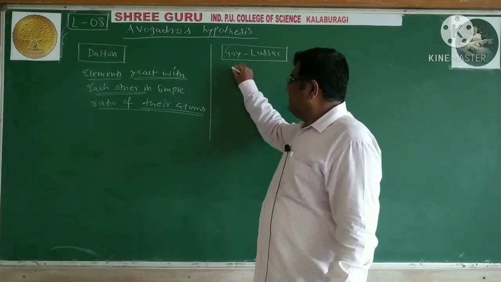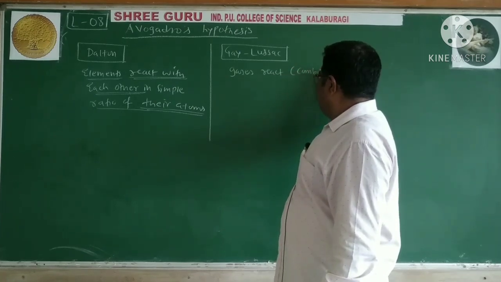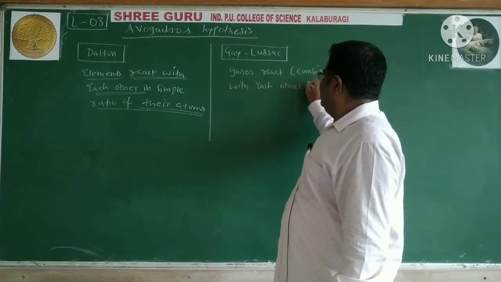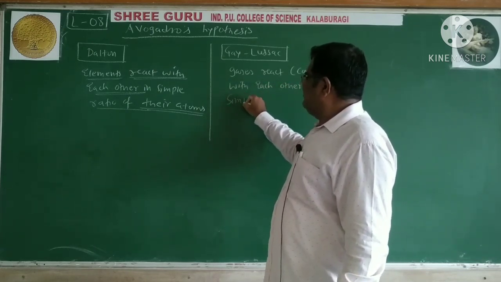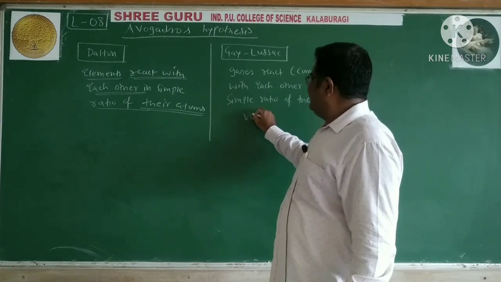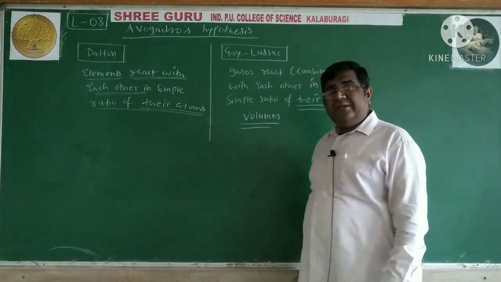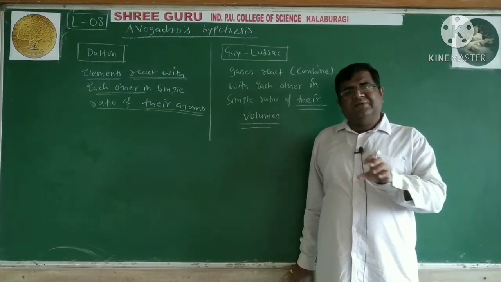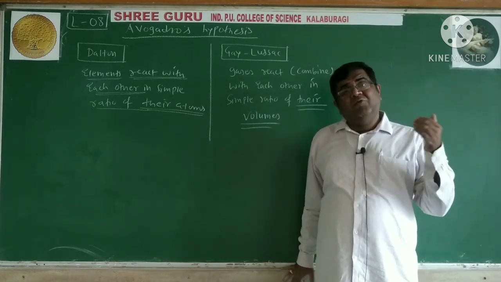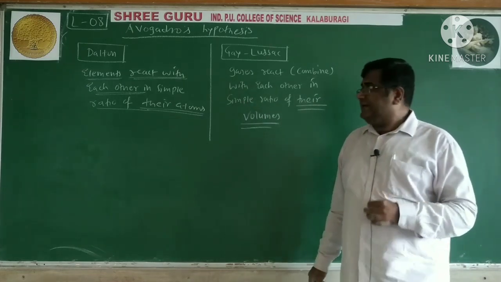And he said that gases react, meaning they combine with each other, in a simple ratio of their volumes. So when elements react, their atoms are in a simple ratio, and when gases react, their volumes are in a simple ratio. It was proposed by Gay-Lussac.